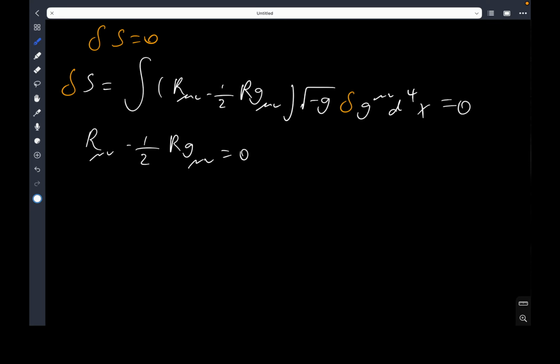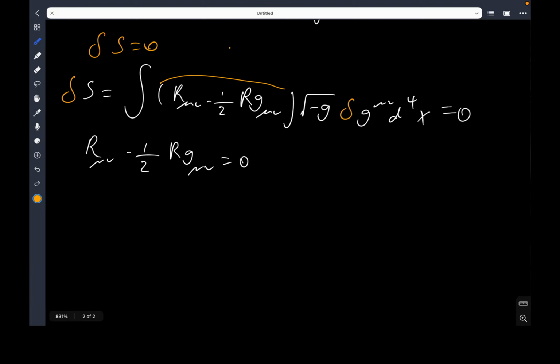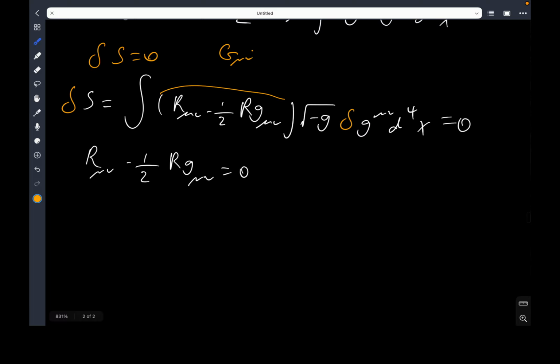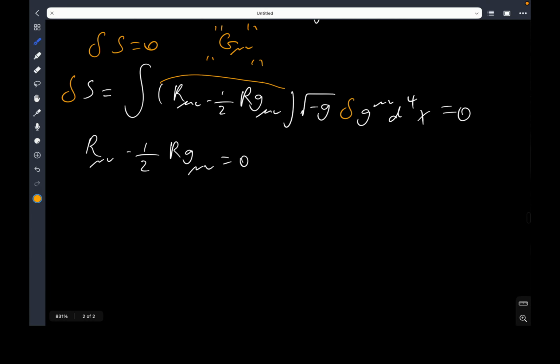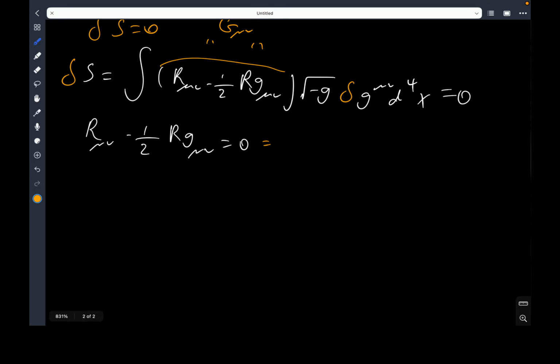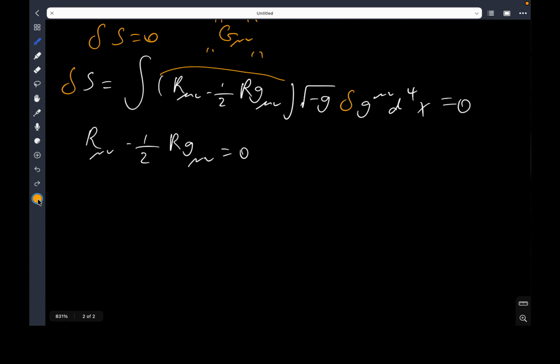And actually I'm going to call this here big G mu nu. So big G mu nu, which is equal to 0, is called Einstein's tensor.